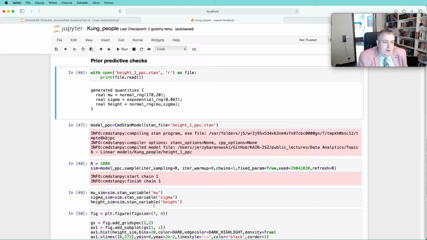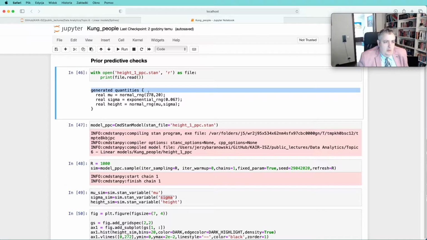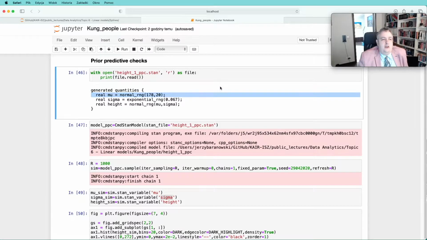So we are simulating the height, mean and standard deviation. As you can see, we are sampling from the mean. Maybe some discussion of prior selection. We are sampling the mean with at least 20.